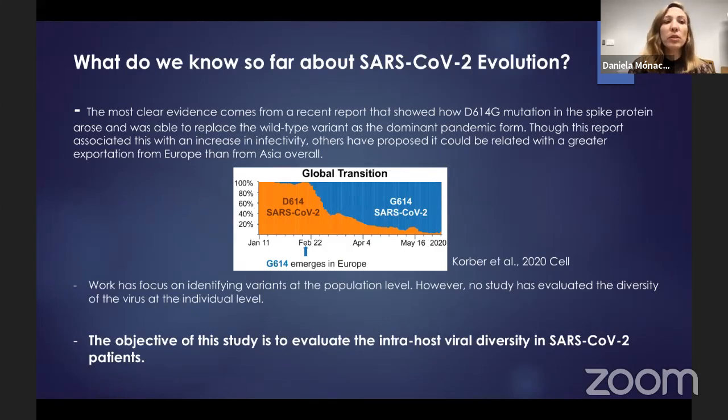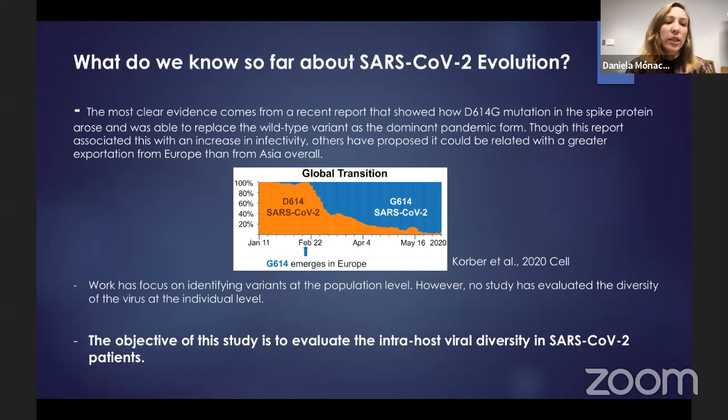In this report, they associate this increase in the prevalence of this mutation with an increase in infectivity of variants harboring this mutation. Others have also proposed that this may be related to a greater exportation of cases from Europe when we compare with exportation of cases from Asia.